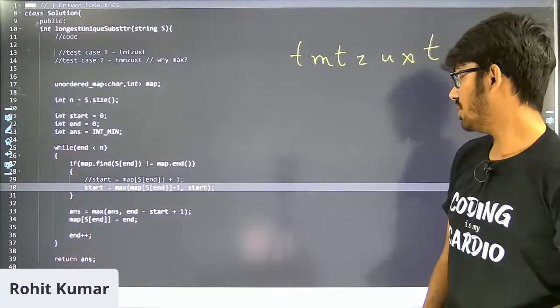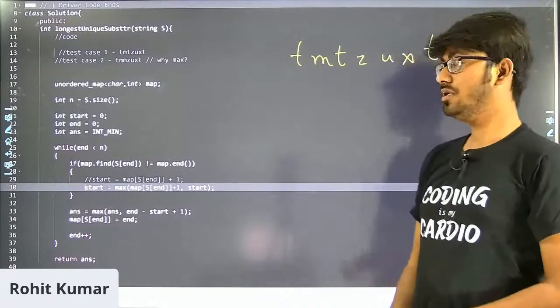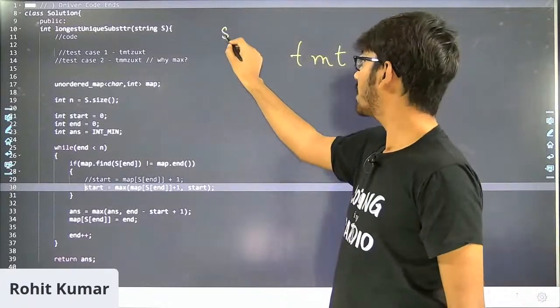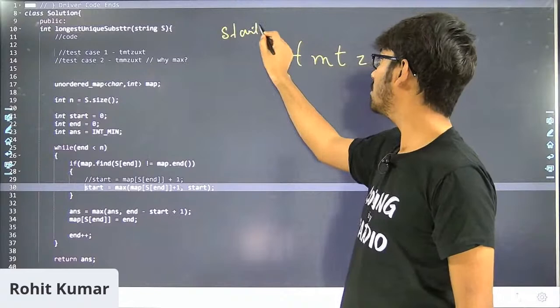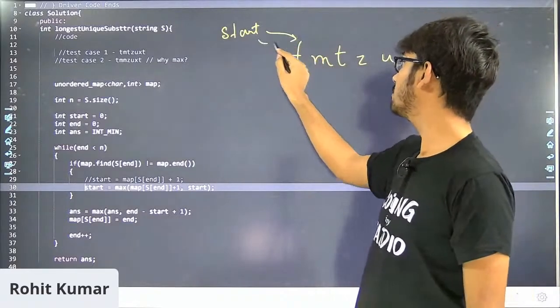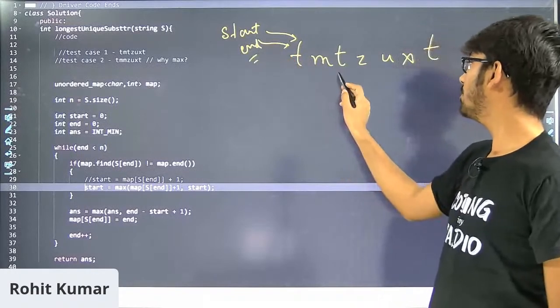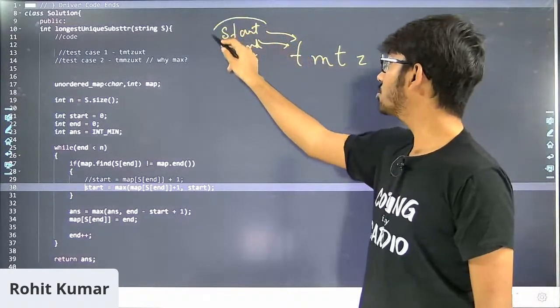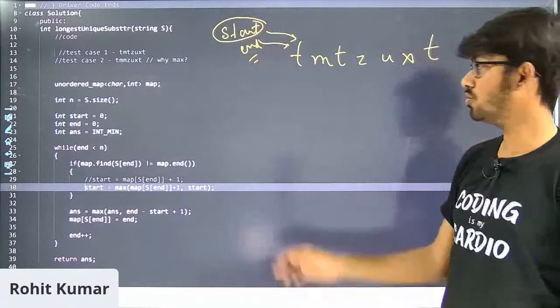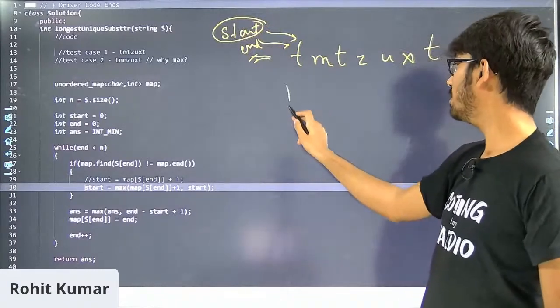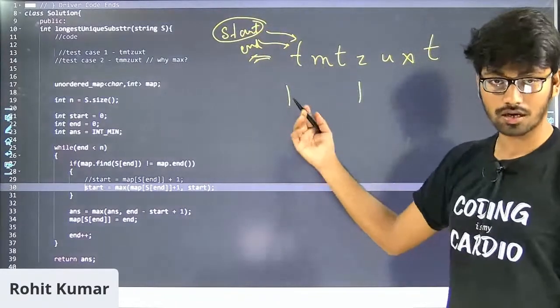What sliding window means is that you will have a window with start and end. Initially your start and end both will point over here. You will have some logic to manipulate your start, and you will keep on incrementing your end.